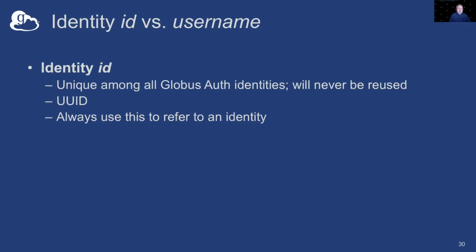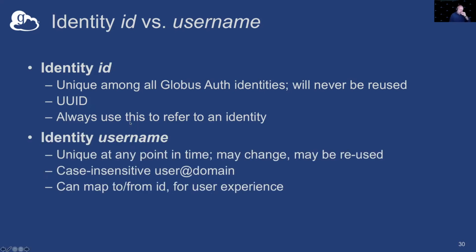And then I also want to make a distinction between identity ID versus username. In Globus Auth, every identity has a UUID that we know will always be unique. And you should always use this in your Science Gateway code to refer to an identity, just because there are some weirdnesses with some identity providers.